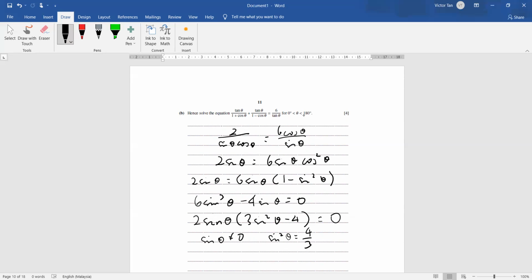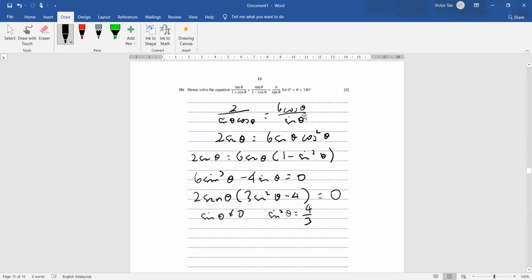Let me check and see if it's correct. So sine theta equals plus or minus the square root of 4 over 3.